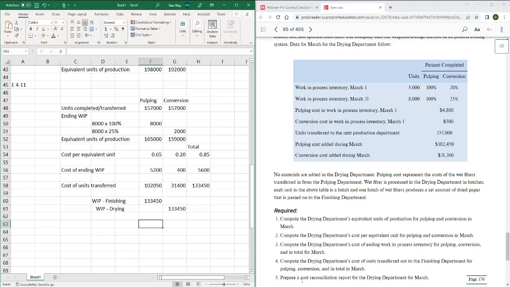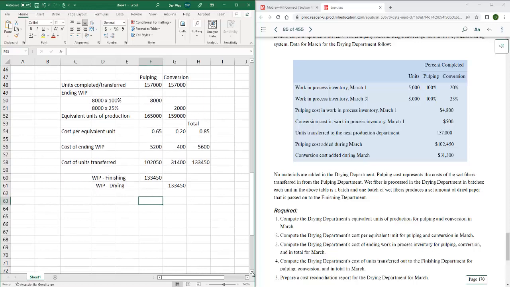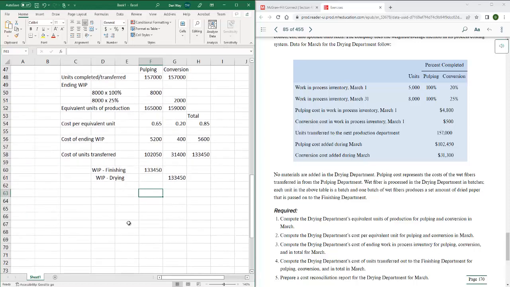Okay, so the very last thing wanted us to put together a cost reconciliation report for the drawing department for March. If you want to pause and review that conceptually for a moment, that's fine. Remember, in our cost reconciliation report, we're just trying to say, what are all the costs I should be able to account for that have been part of this process, and then where'd they all go?